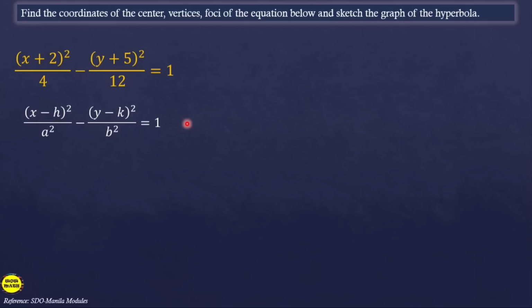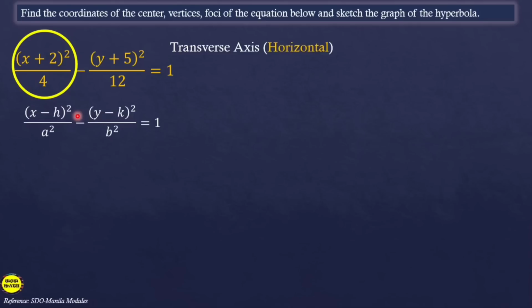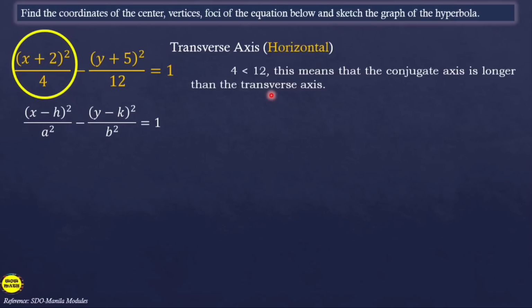So, kapag ganito, kapag nauna yung x minus h squared natin, ibig sabihin, yung transverse axis natin ay horizontal. And then, since yung 4 natin ay mas mababa sa 12, ibig sabihin, yung conjugate axis natin ay mas mahaba kaysa sa transverse axis natin.